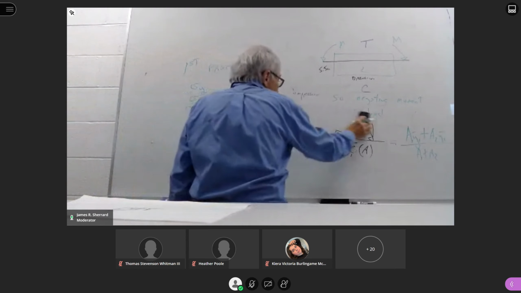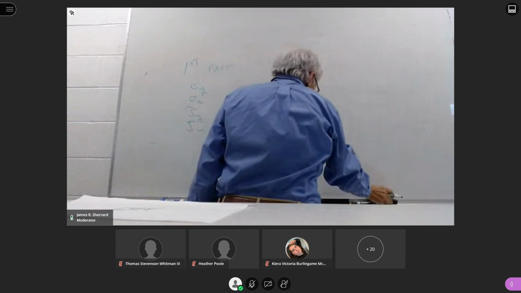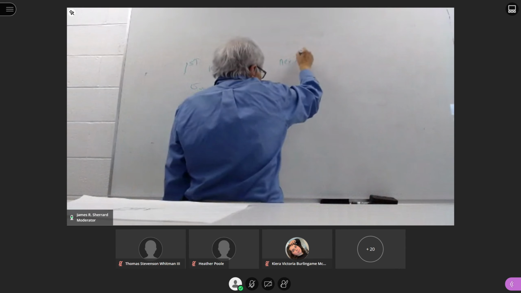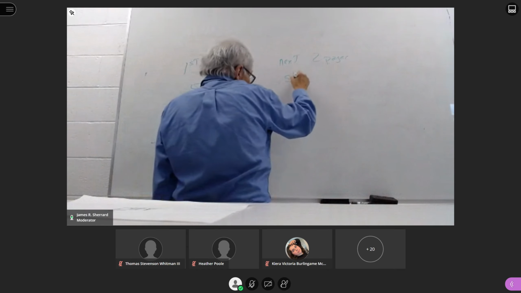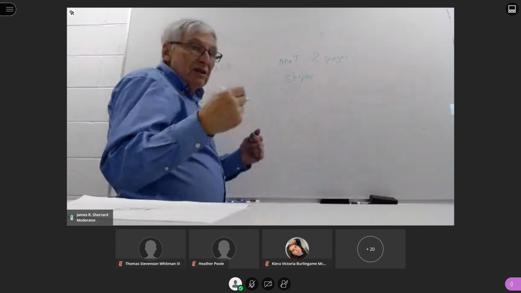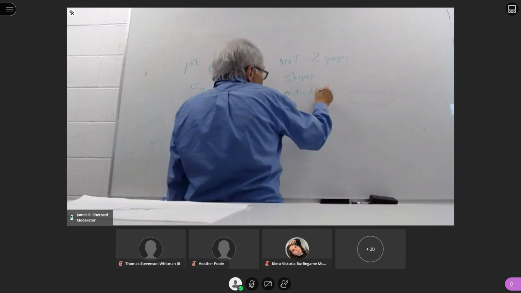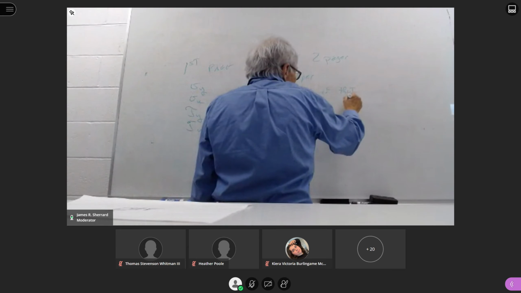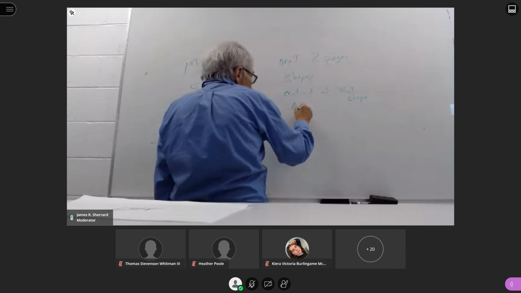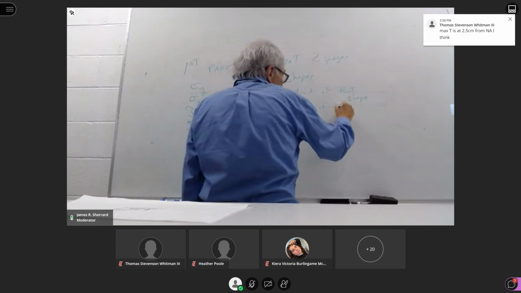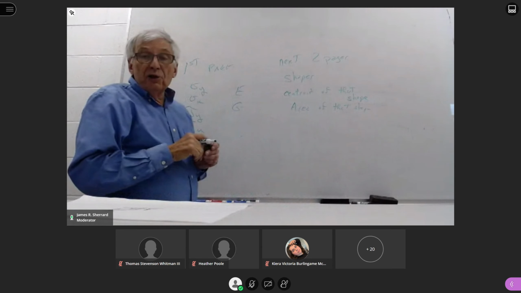The next 2 pages, one looks at shapes and identifies the centroid of that shape. It'll also tell you the area of that shape, because you'll need these in calculating the neutral axis.